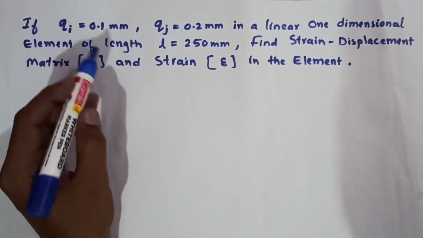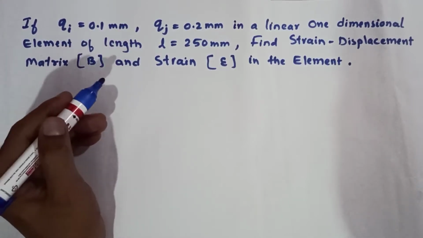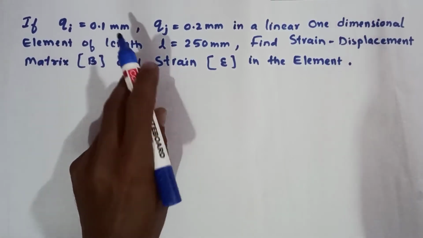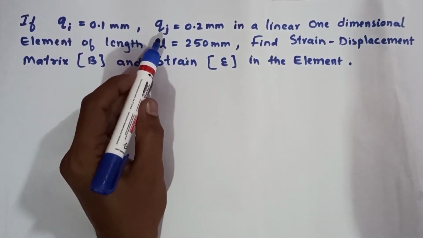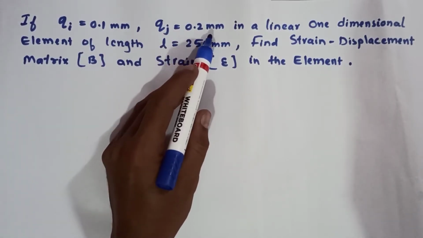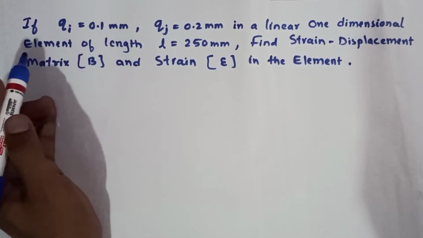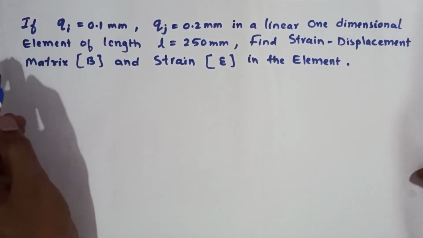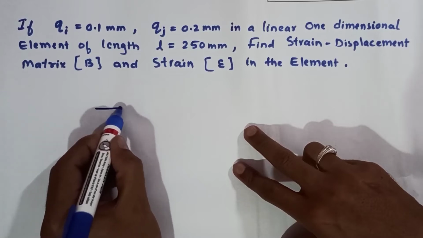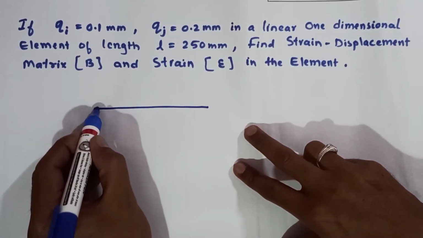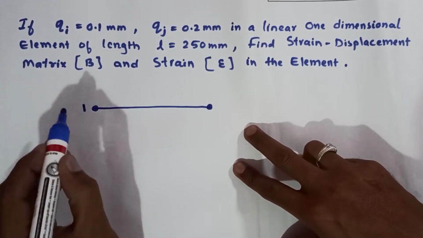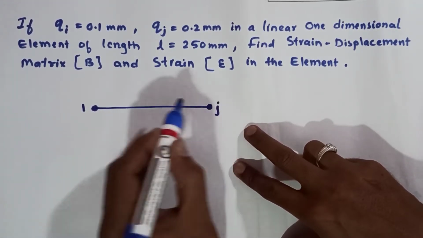Qi means there is a displacement at one node, and Qj is the displacement at the other node, given as 0.2 millimeter in a linear one-dimensional element. So it is a linear element, which means having two nodes, node i and node j.